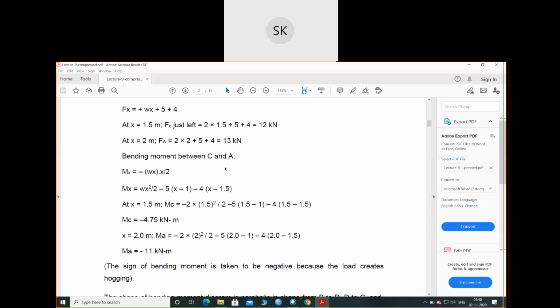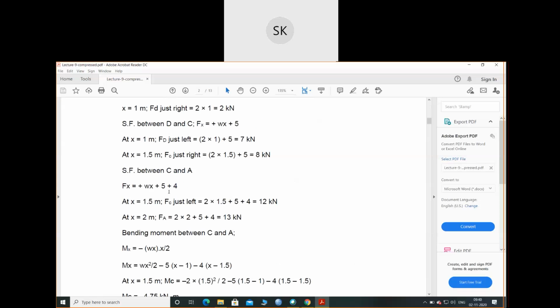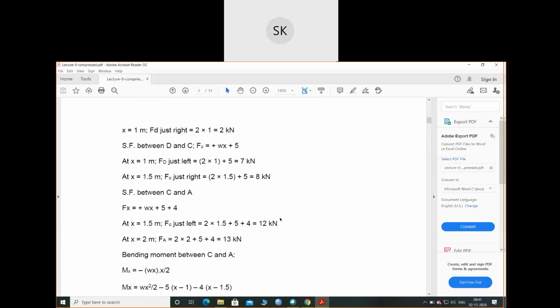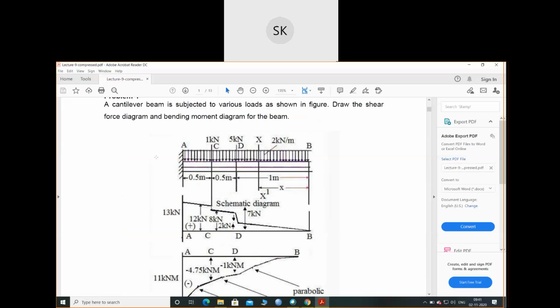Now when you take another section, the bending moment will be Wx square by 2 minus 5 into (x minus 1) minus 1 into (x minus 1). They have found out the bending moment at two positions.